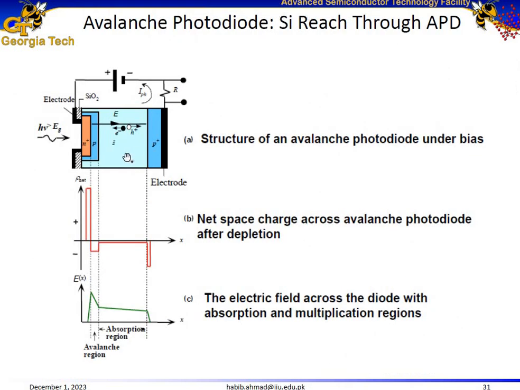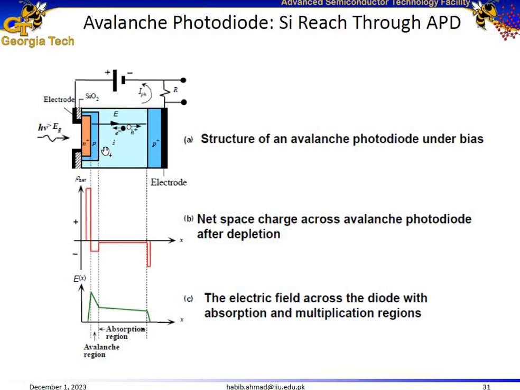So let us look at the configuration once again. In avalanche photodiodes, this voltage is high enough so that the depletion width is extended throughout the entire I layer of this structure. We know that the depletion width increases with an increase in the reverse bias voltage. So keep increasing the reverse bias voltage.